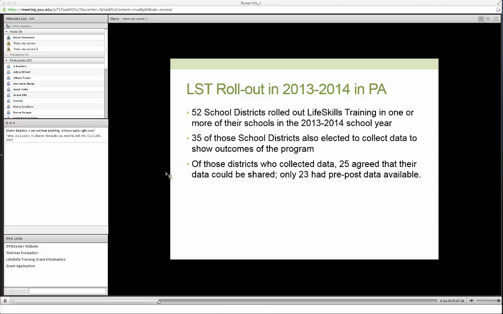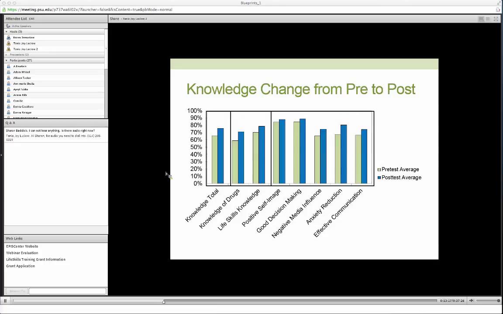Now, what I'll be showing you are the results of the pre-post tests. These don't necessarily address specifically the reduction in drug use, but instead address a change in knowledge and skills that lead to those long-term outcomes that we spoke about earlier. The first piece you're seeing on your screen right now looks at knowledge change from pre to post.